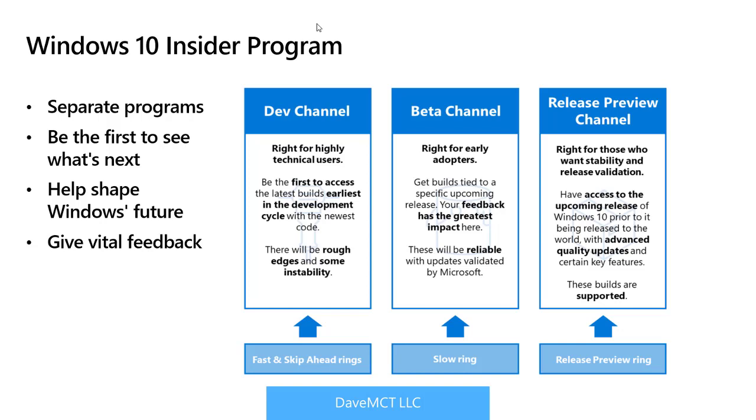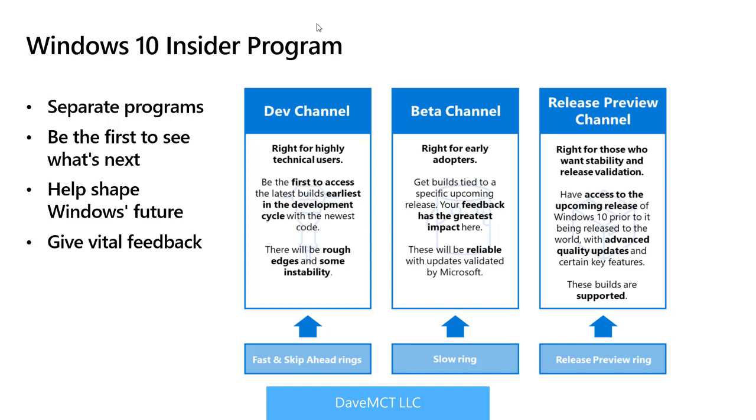Within the Insider preview area, there are different channels. Each of these channels is designed to bring you a different experience based on the quality of Windows you need for your life and your device. So the three channels are Dev Channel, Beta Channel, and Release Preview Channel.